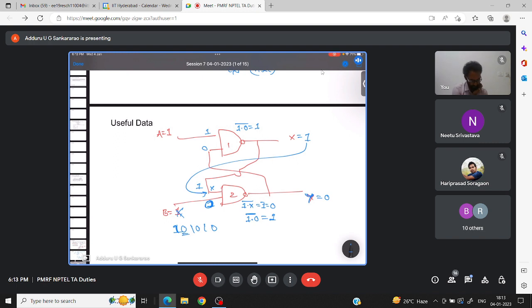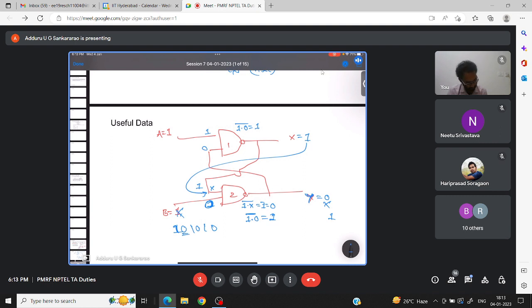Am I correct? So 1 is here, 0 is here, 1 dot 0 whole complement, that is 1, sorry.